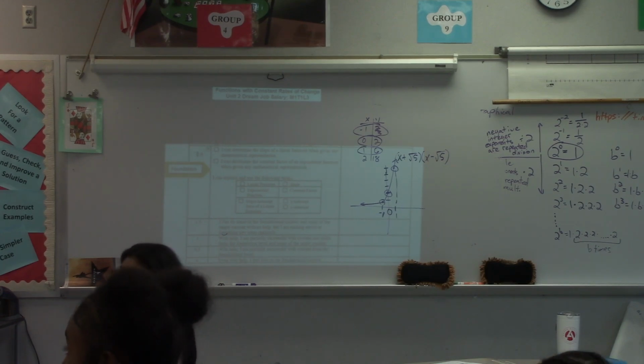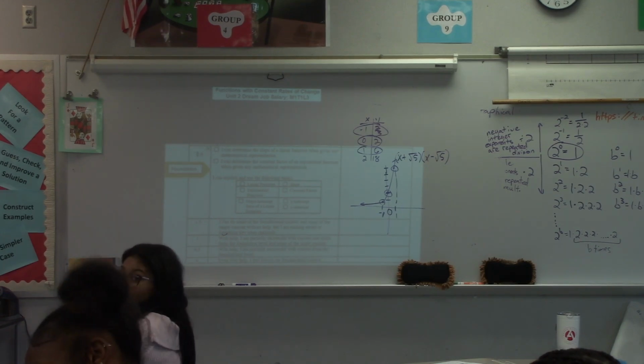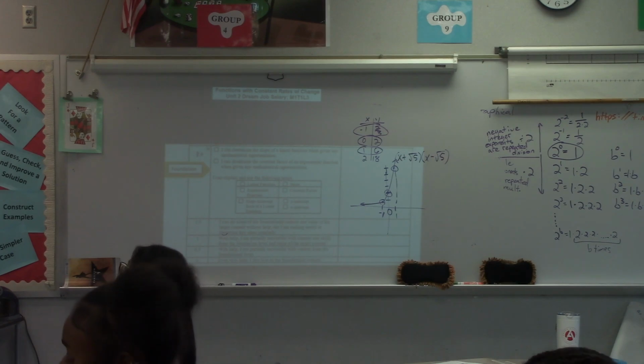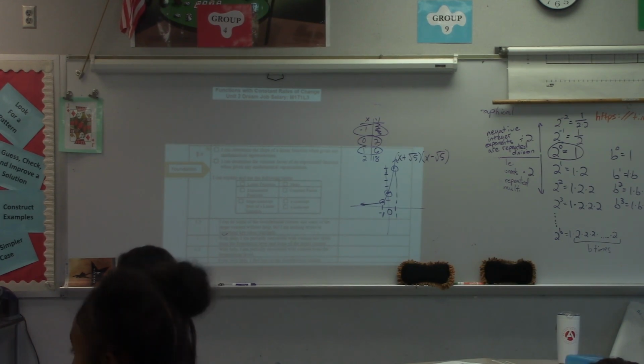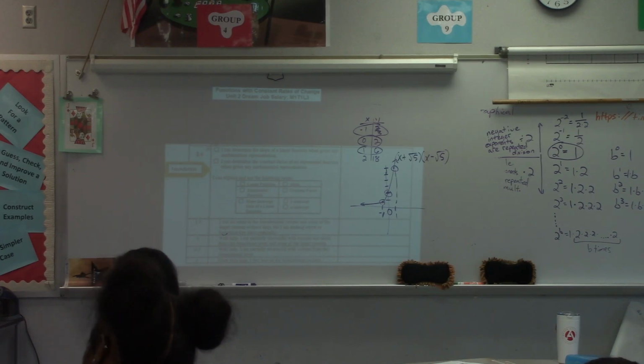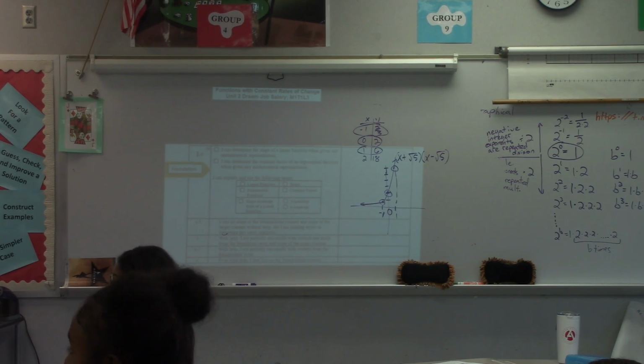Linear has a constant rate of change, but what type of constant? Brianna, haven't called on you at all this morning. Linear, constant what rate of change? Additive, right? Remember, linear is a constant additive rate of change.